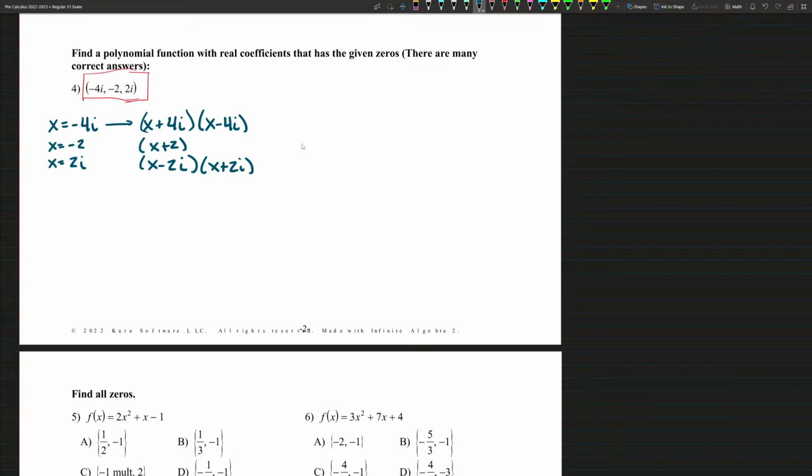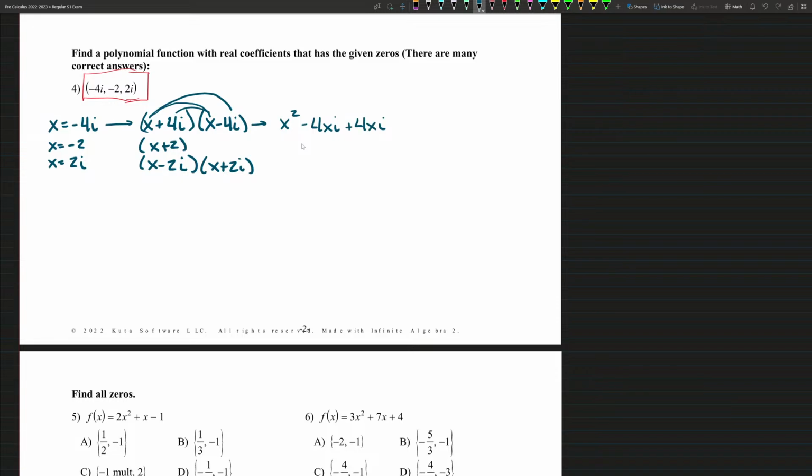To do that, I'm going to FOIL these top two together first. So we get x times x, that's x squared. x times negative 4i, that's negative 4xi. 4i times x, that's plus 4xi.